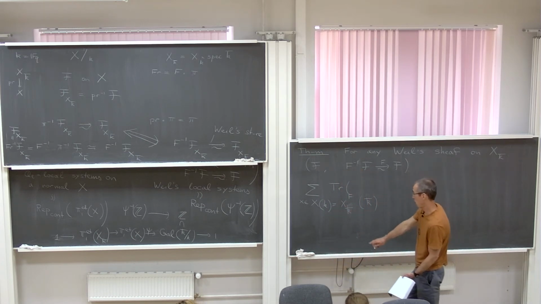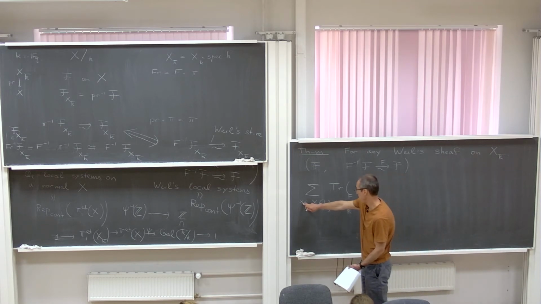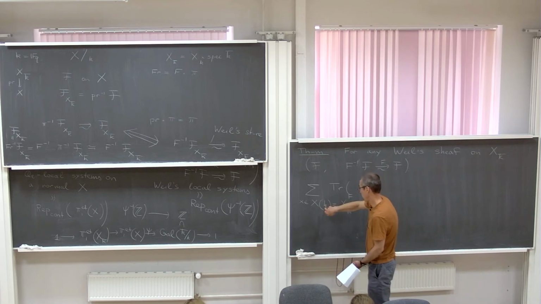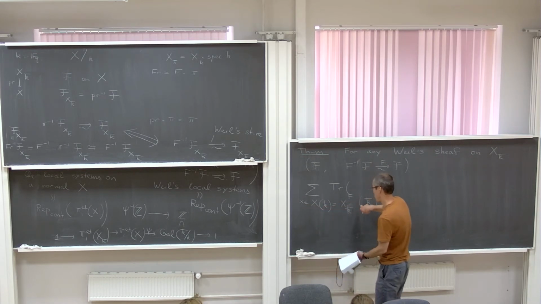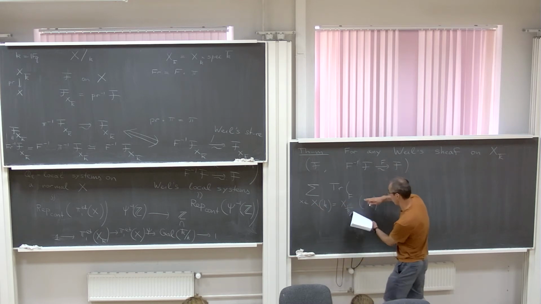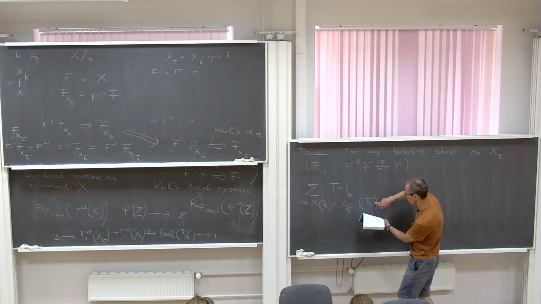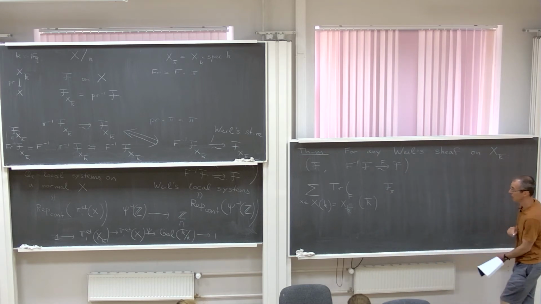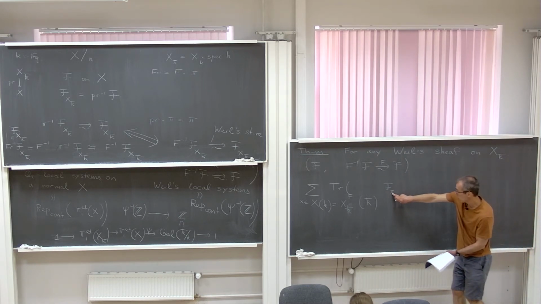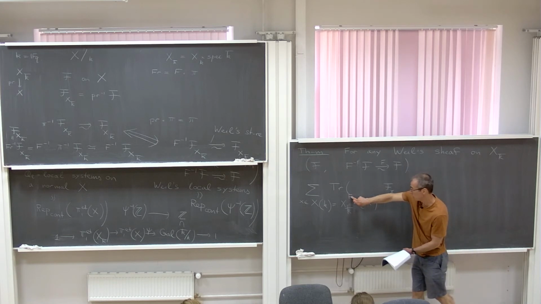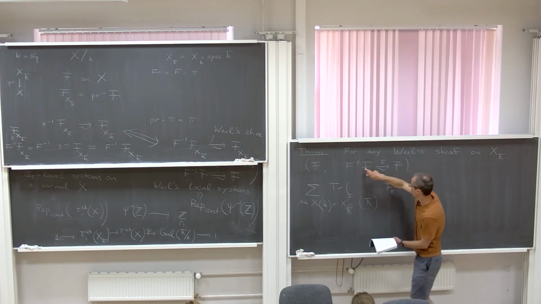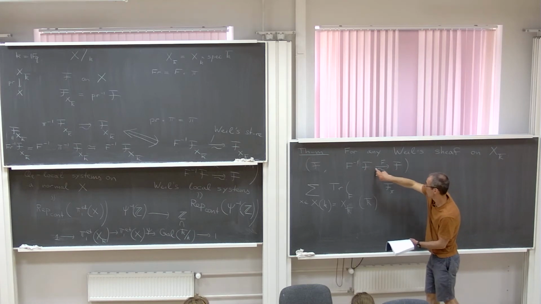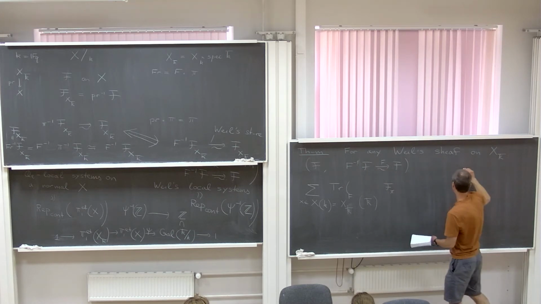So, well, if I have a k point of X, I will denote the corresponding point here by x bar. This is a geometric point. So I have the fiber of my sheaf at this geometric point. And this geometric point is stable under the Frobenius map. So this Weil structure, right?